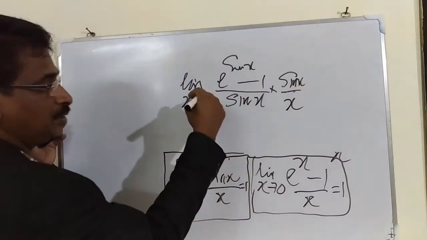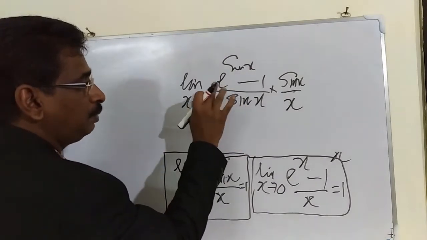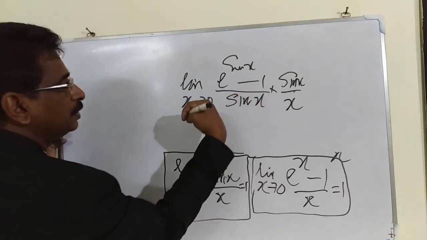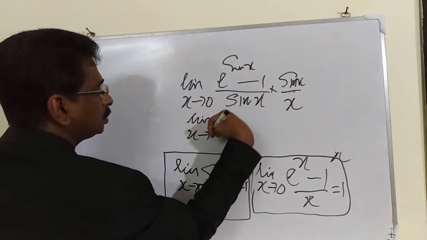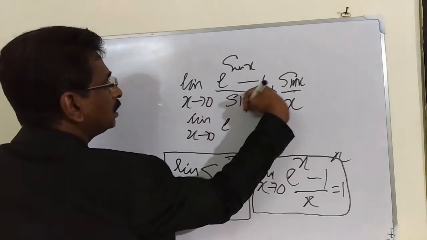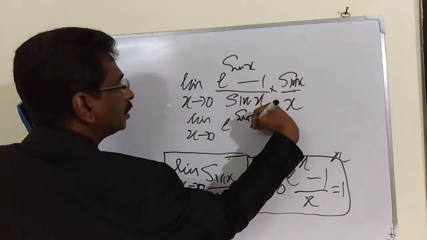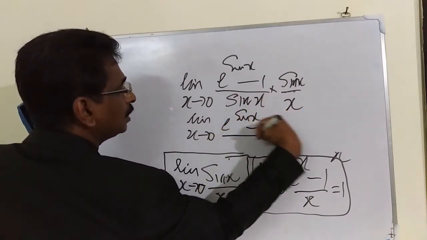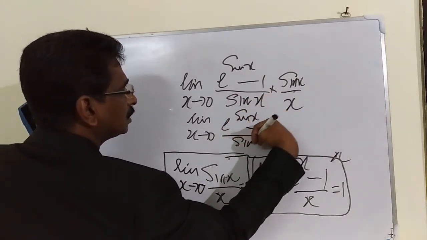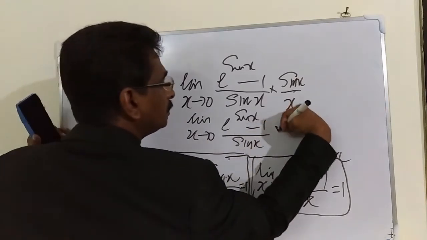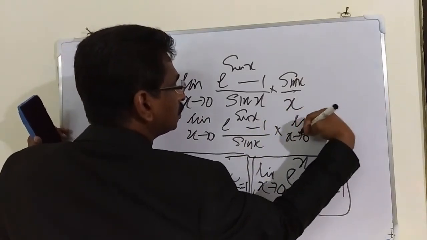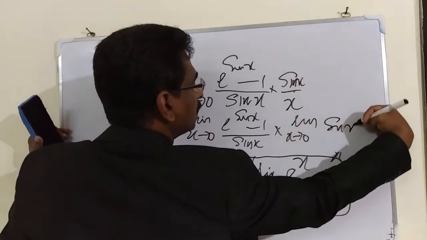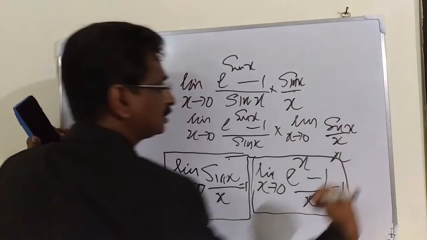That can be written as, we know the limit of a product is equal to the product of the limits. So limit x tends to 0 of (e raised to sin x minus 1) by sin x, into limit x tends to 0 of sin x by x.